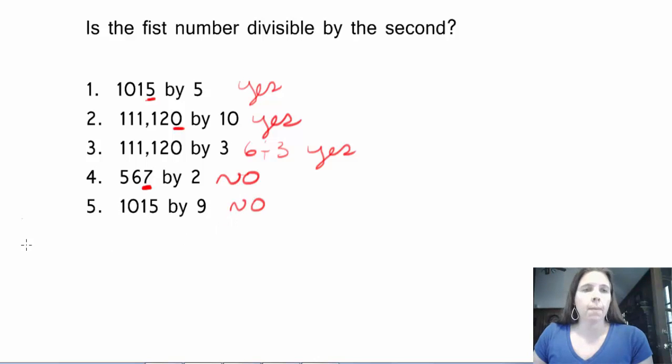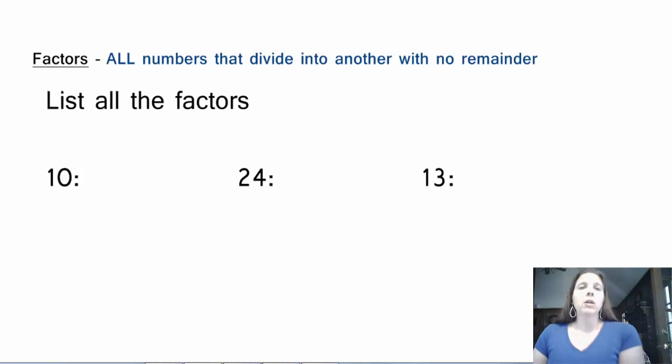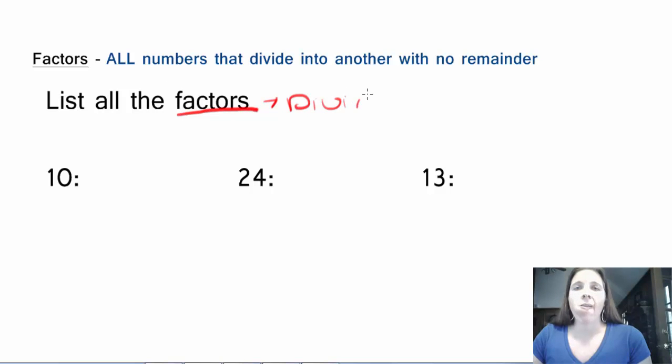Okay, moving on. This will be a quick lesson, hopefully. So factors. Factors are all the numbers that will divide into another with no remainder. So if it says to list the factors, I want you to think divide, because we'll get to multiples in a little bit, and that's multiply.